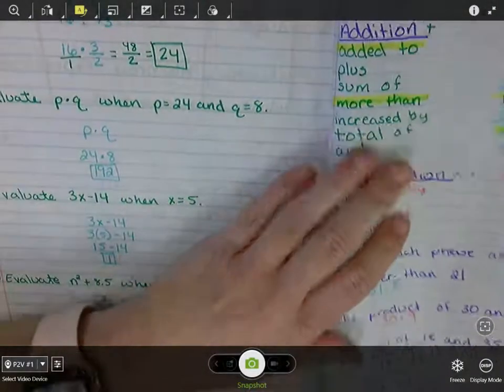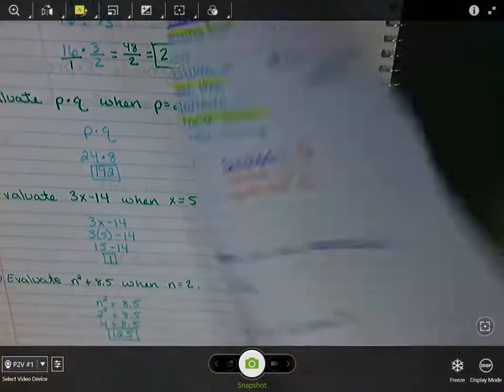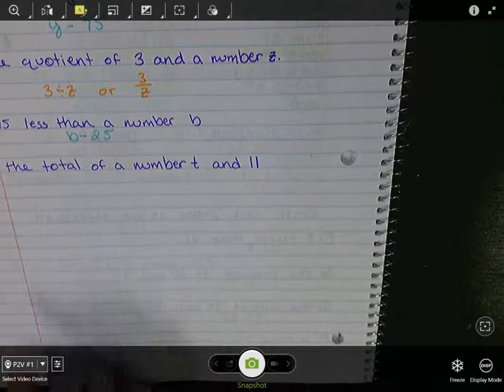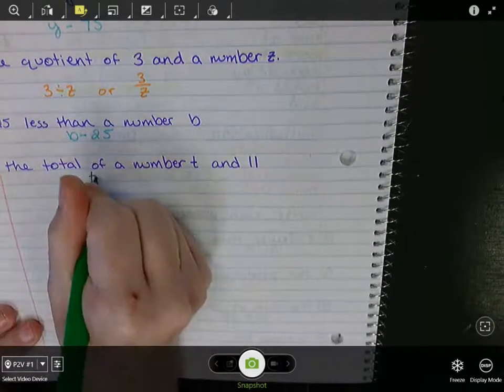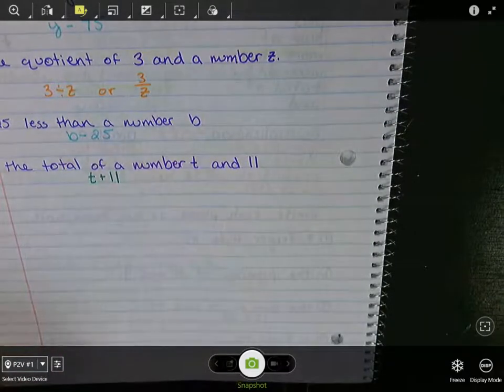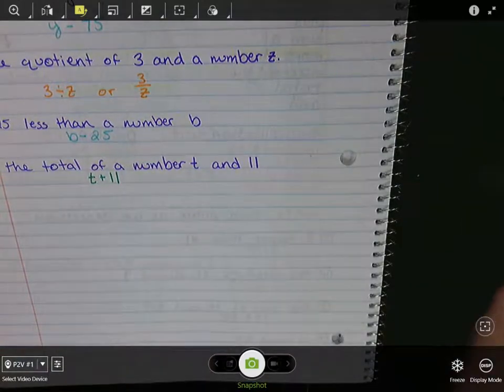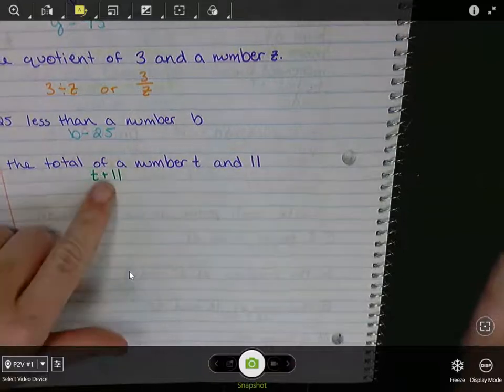And total is right here under addition, so I add. Okay, so I need to add t plus 11. And there you go. And I always write my t's with the tail on it because it's hard to see the difference between a lowercase t and a plus sign, so I always do the hook on it.